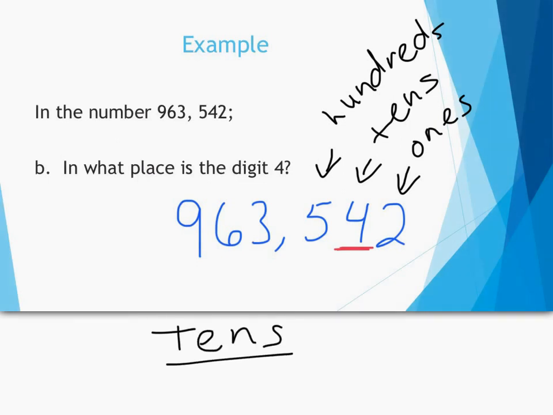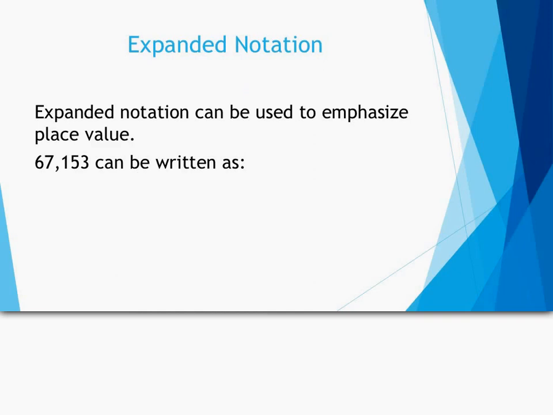We can also write numbers in what we call expanded notation. These are used to emphasize place value. What we do is we take each digit that is in our number, and write it in the specific place value that it is, with all zeros behind it.